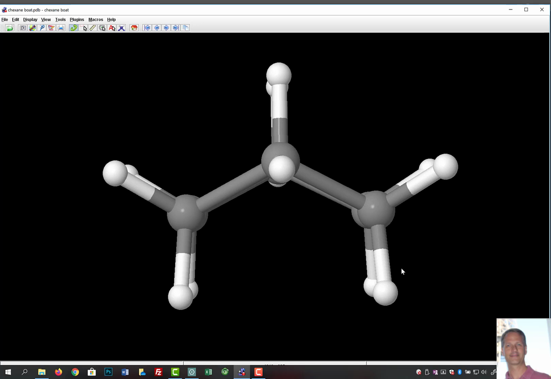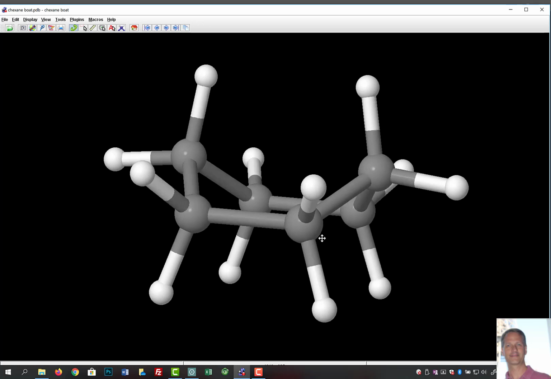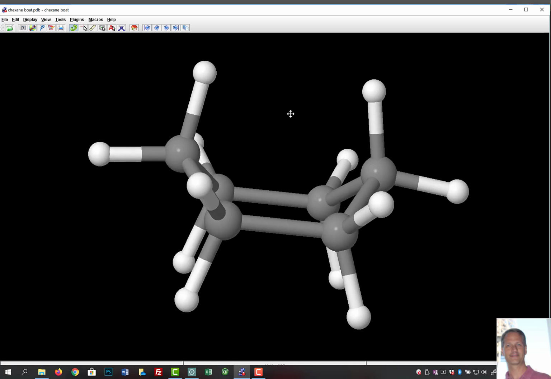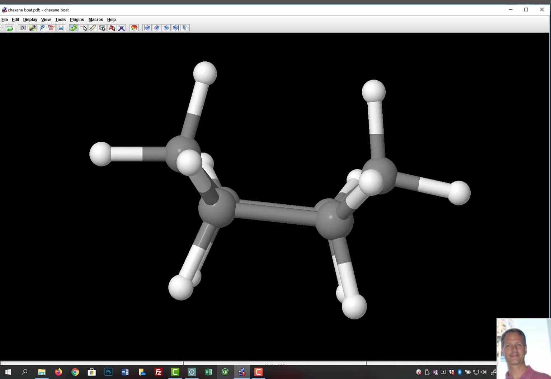But look, we have 1, 2, 3, 4, 5, 6, 7, 8. So this has 8 eclipsed H's. That's better than the half chair, which had 10. If we rotate this around, these interactions right here are what we call the flagpole interaction.